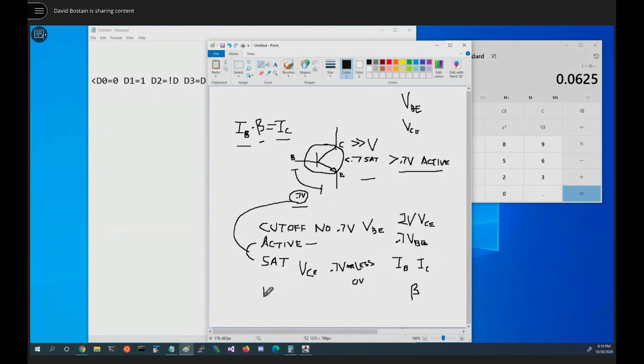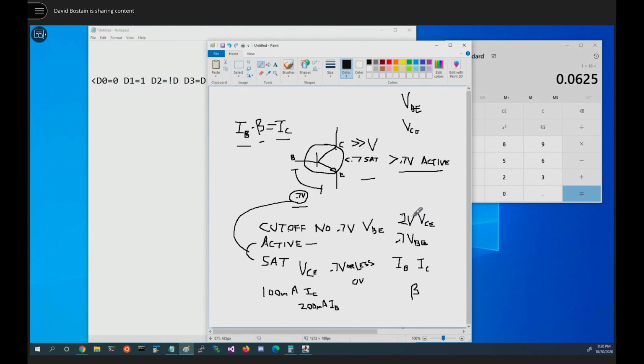Now, let's assume, for example, I found out that I have 100 milliamps for IC, and I have 200 microamps for IB. I'm asked what beta is. I see that I have 2 volts across VCE, so I know I'm in saturation.